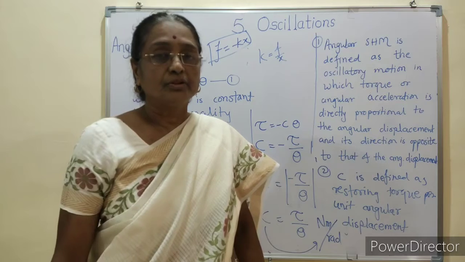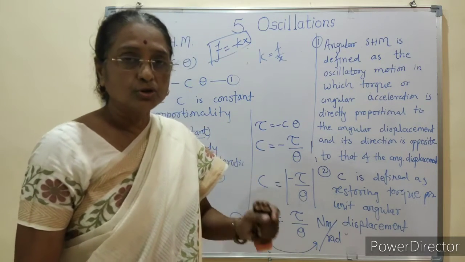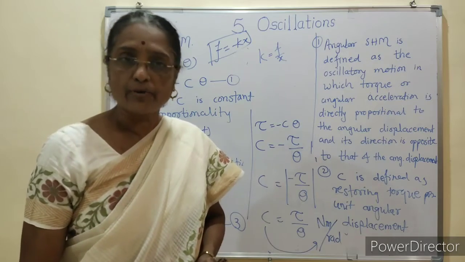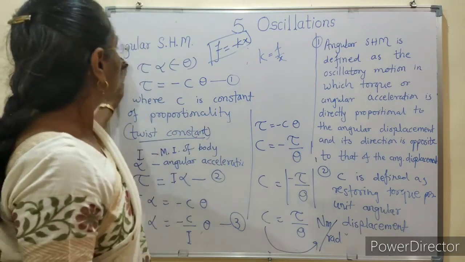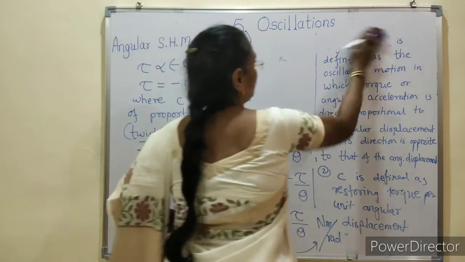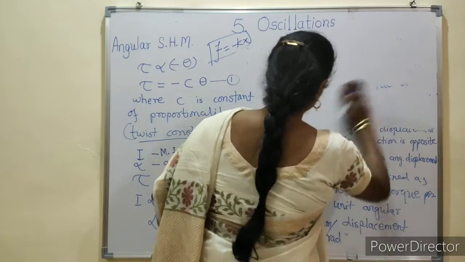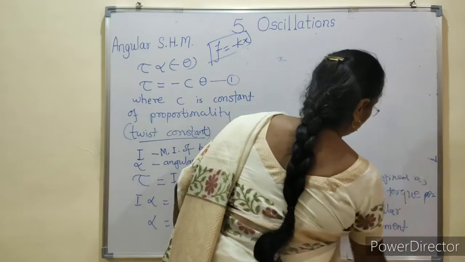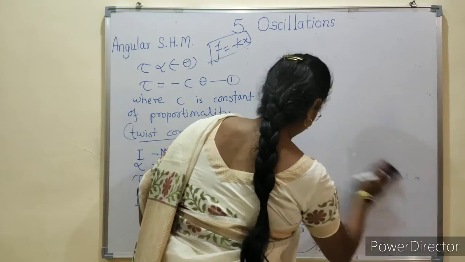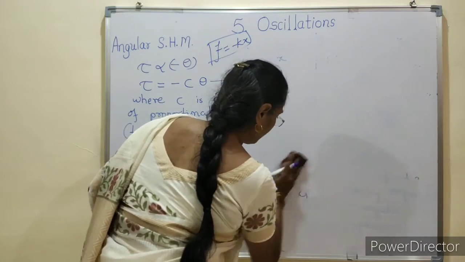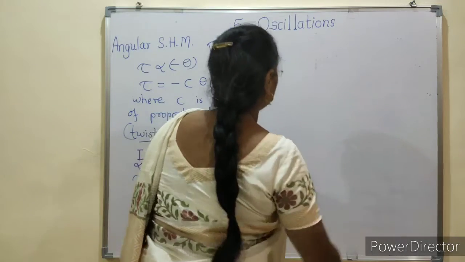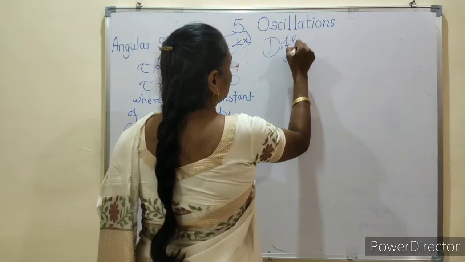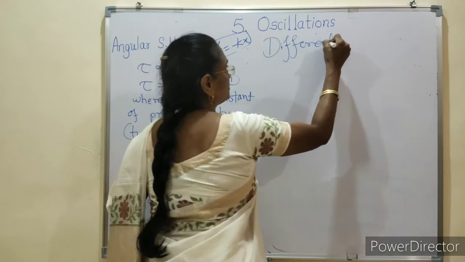Now we turn to the next sub point, which is the differential equation of angular S.H.M. So here we try to derive the differential equation of angular S.H.M. This is also very simple.